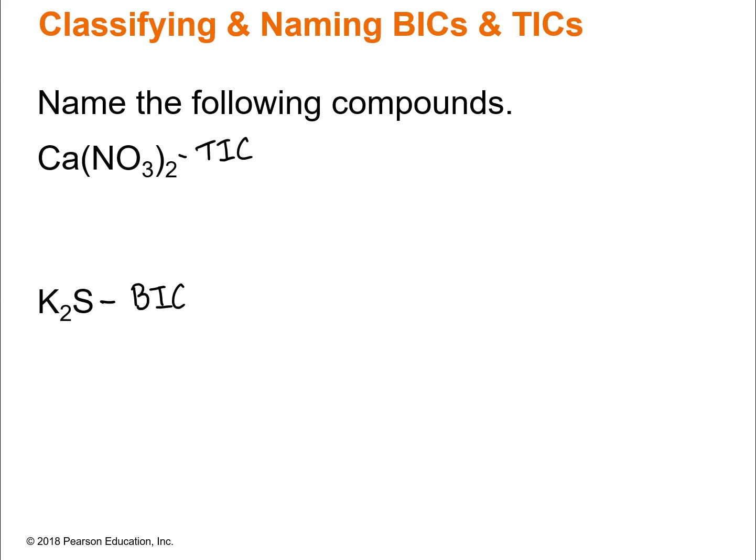There's only two elements, so it's got to be some kind of binary. And we see a metal plus a non-metal. So that tells us it's ionic, binary ionic. Now that we've classified them, we can start naming. We'll start with the ternary ionic compound first because that's a little bit more difficult.